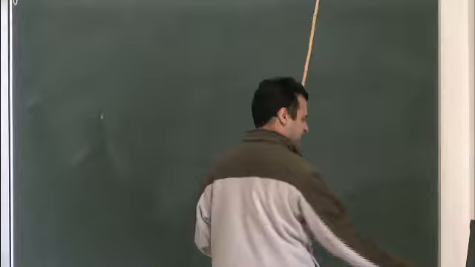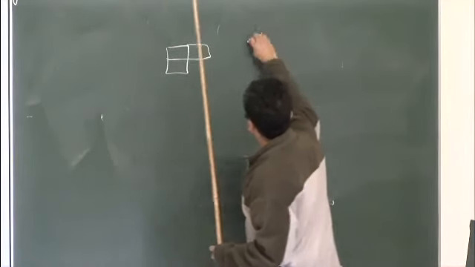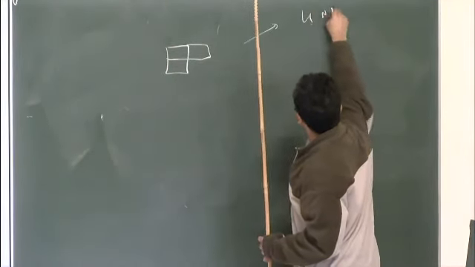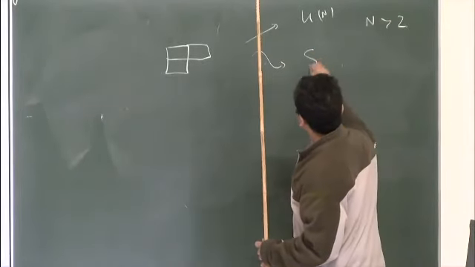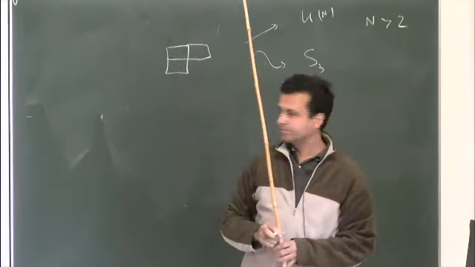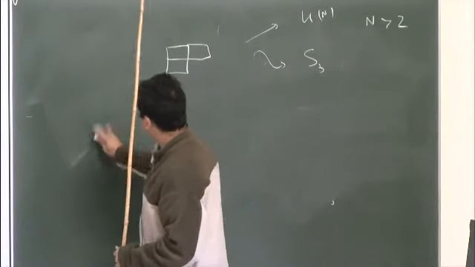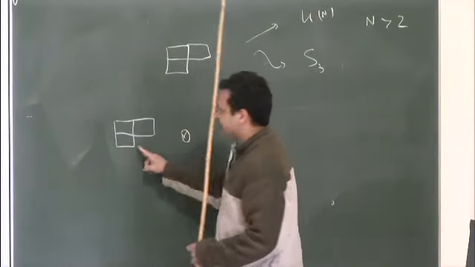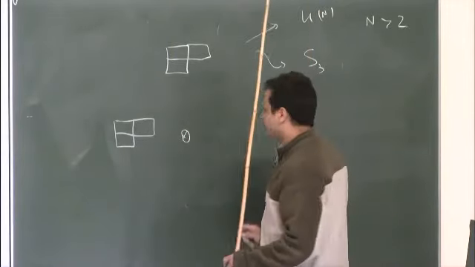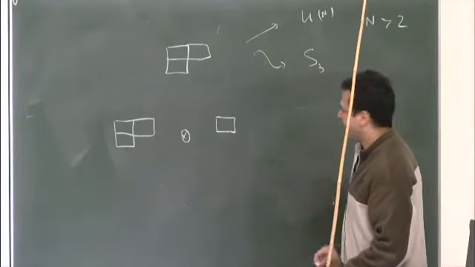So we said that Young diagrams, for example, this could represent a Young diagram of U(N) as long as N is bigger than 2, but it's also a representation of S3 because it has 3 boxes. Now there is something that we do in group theory of U(N), which is, for example, I take this kind of mixed symmetry representation and I tensor it with another one, which is just a fundamental.